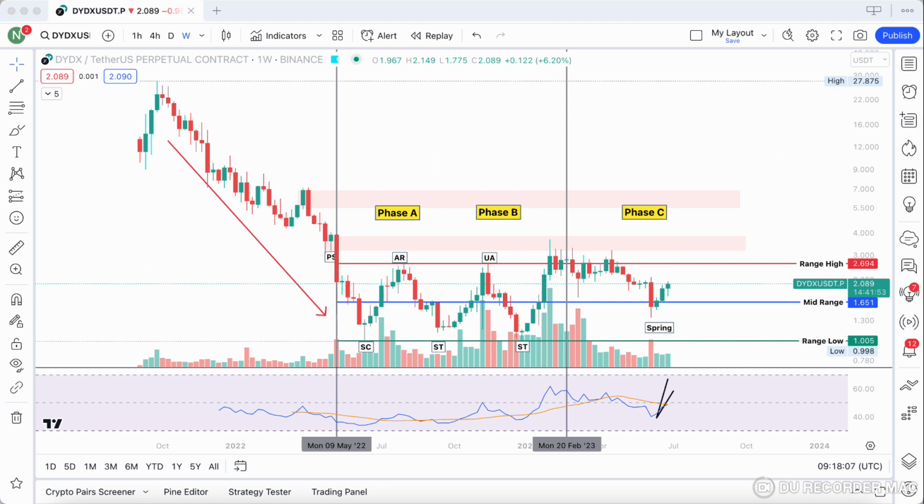A Wyckoff accumulation pattern is a pattern by which institutional traders or whales or big investors take over as much of the supply as possible at the lowest price, and once they judge that they have taken over enough of the supply to control the price, they initiate a move out of the accumulation phase into the distribution phase.